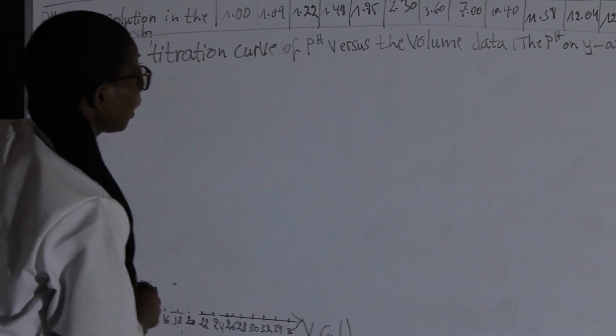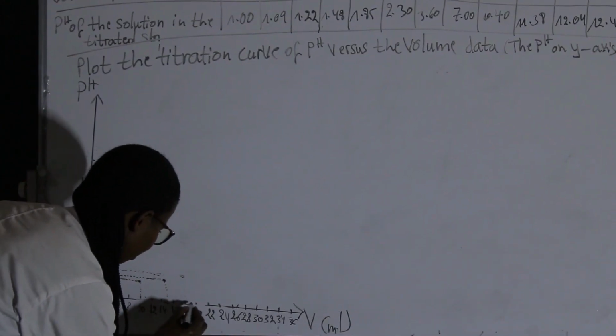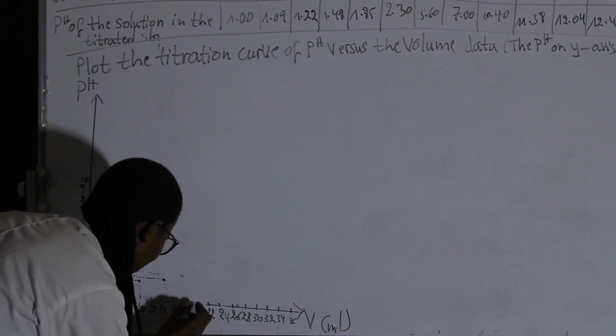Adding 19.9, the pH becomes 3.16, about 20.